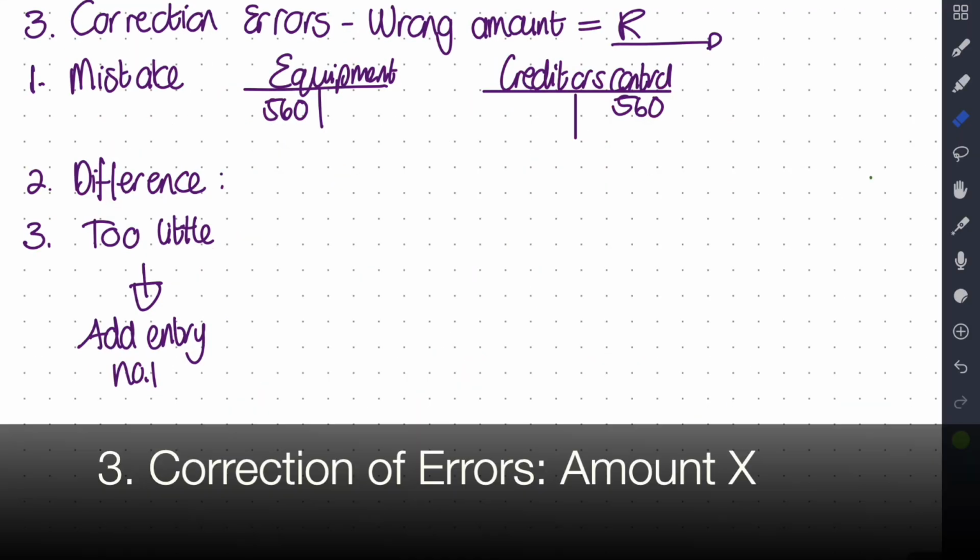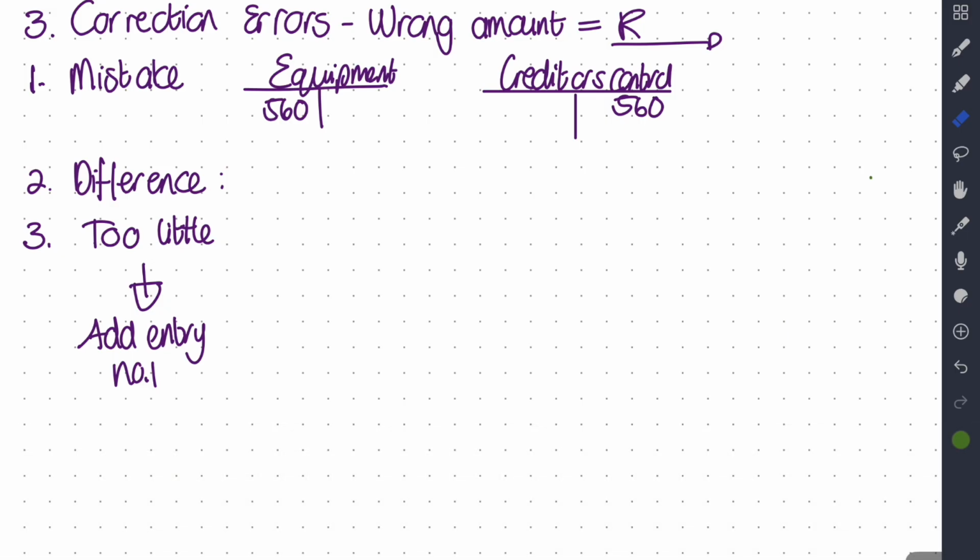Last one, number 3, correction of errors if you got the wrong amount. Again, there's an example in your textbook on page 175 of this, and these are the amounts that I will be using. I'm doing 3 steps again just to fix this mistake. So first of all, you need to write down the actual mistake that was made.